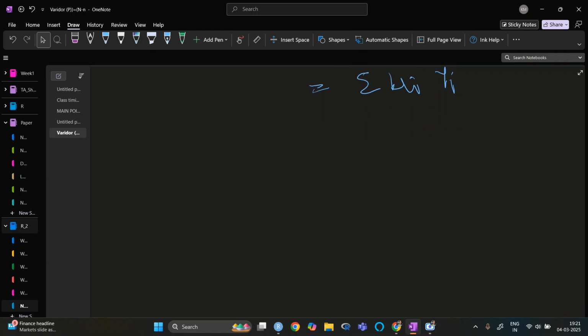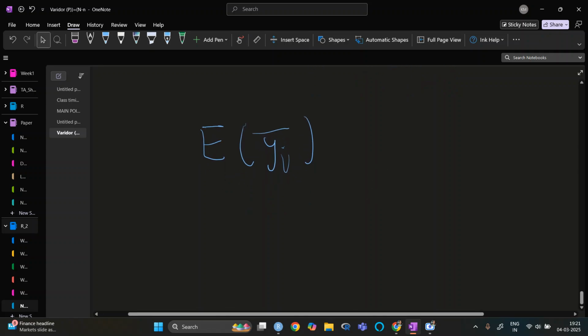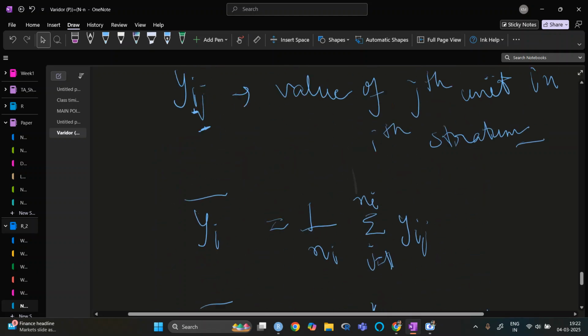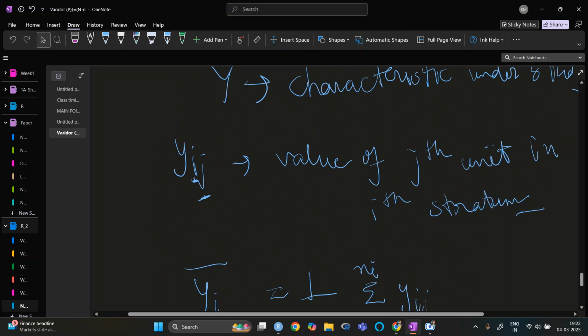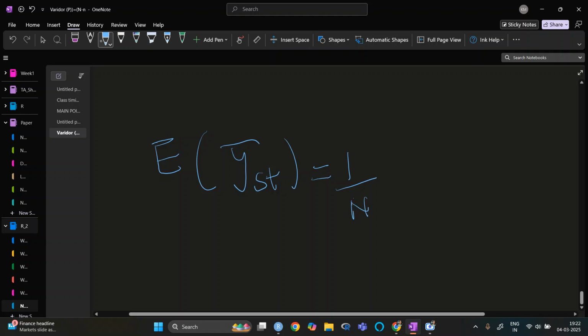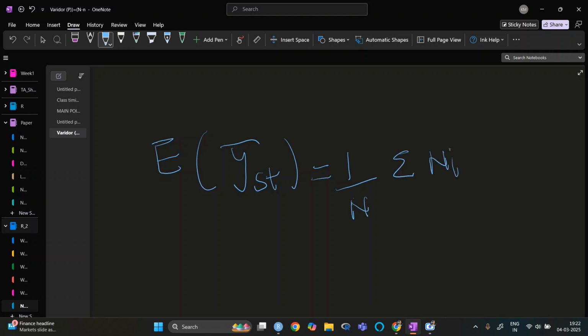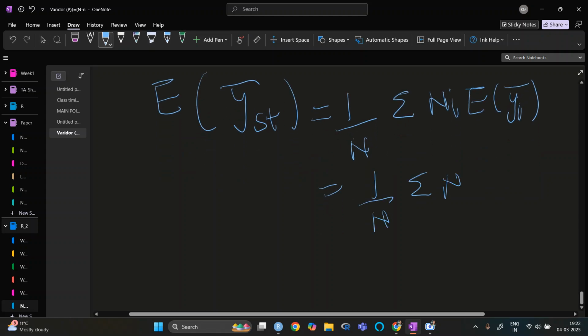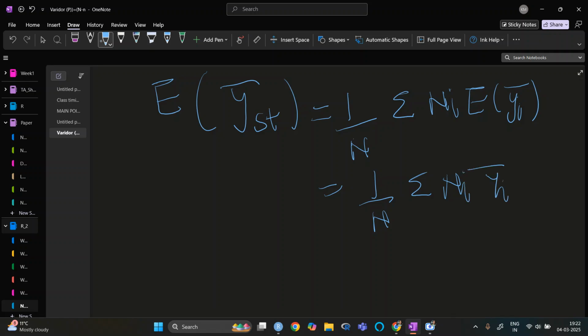So if I take the estimation of y bar_st, where st is stratum, it will be 1 upon N times the summation of N_i y_i bar, right?